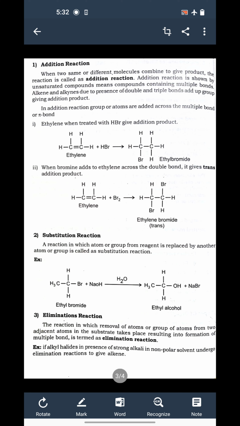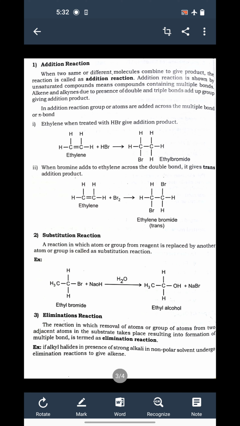The second reaction is also given here, that is ethylene. Again the carbon-carbon double bond in ethylene reacts with bromine, and now we get ethylene bromide, and you can see that the bromine atoms form bonds in opposite directions. Why is this so?